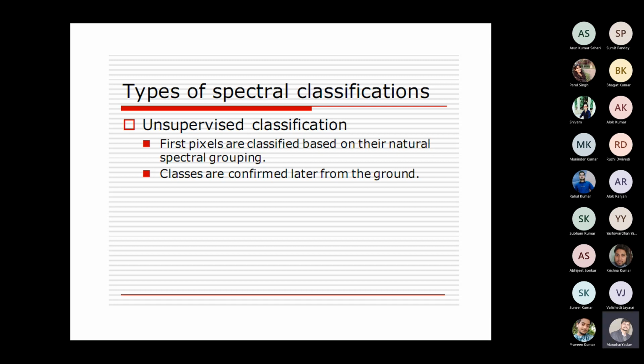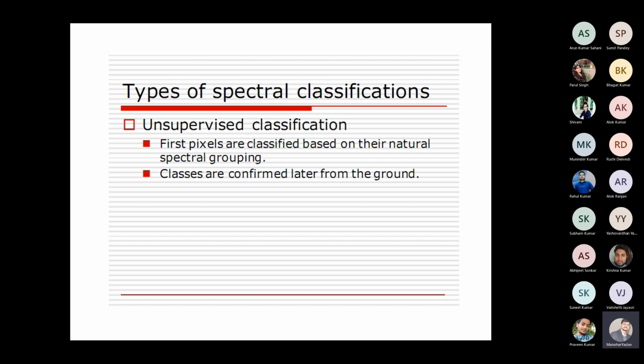If I ask you what a natural grouping is: if the distribution is bimodal, it means there are two separate clusters of pixels. One cluster of pixels represents the low DN, while another cluster represents the high DN.